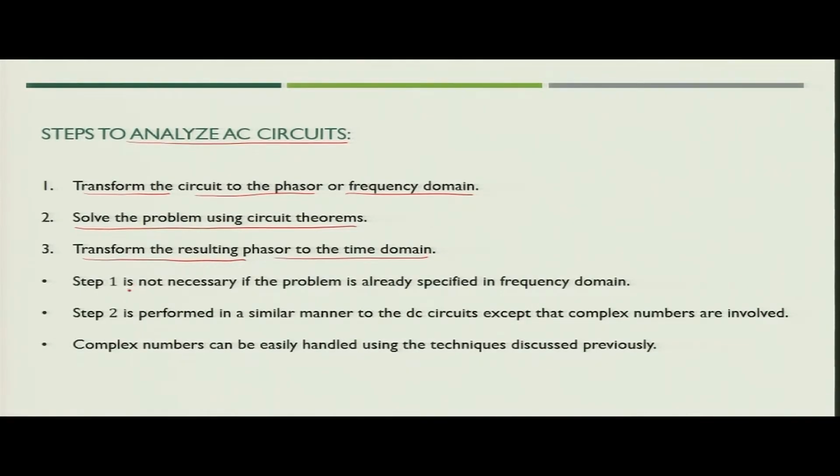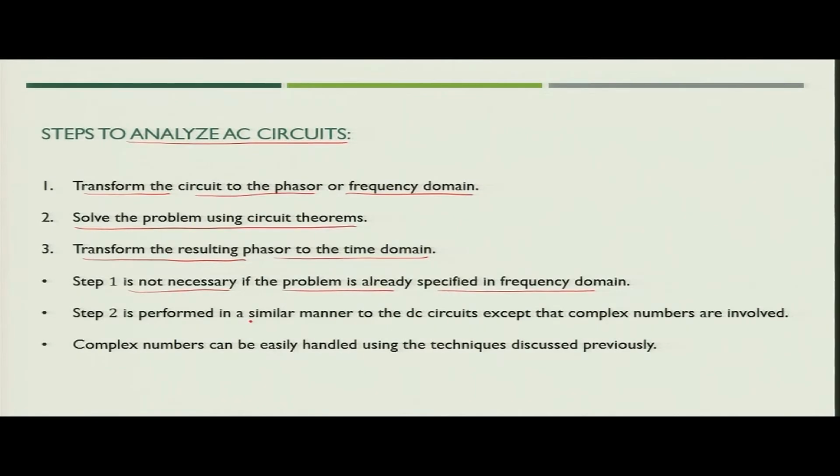Now, the step 1 is not necessary if the problem is already specified in frequency domain. So, that means, if you already have the problem given in phasor or frequency domain, we need not follow the first step, we can straight away start from second step.